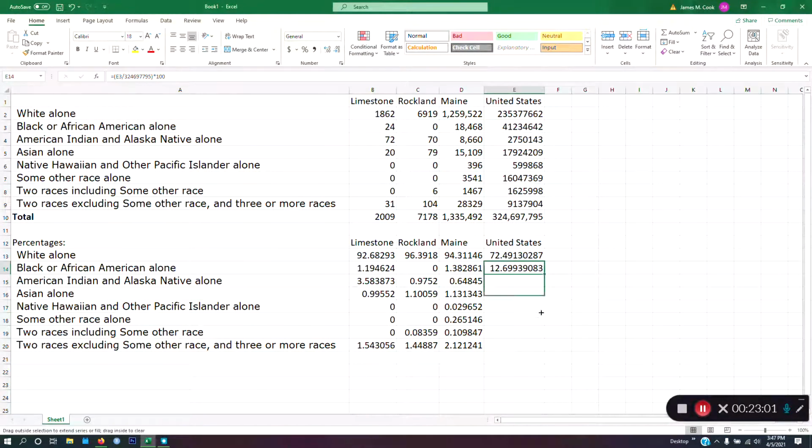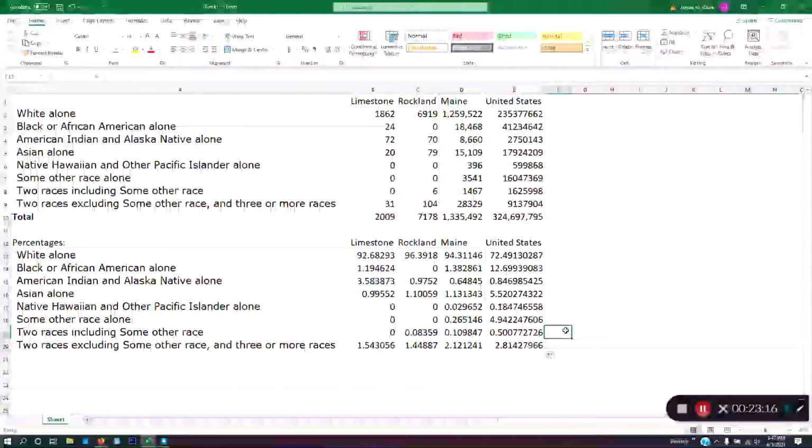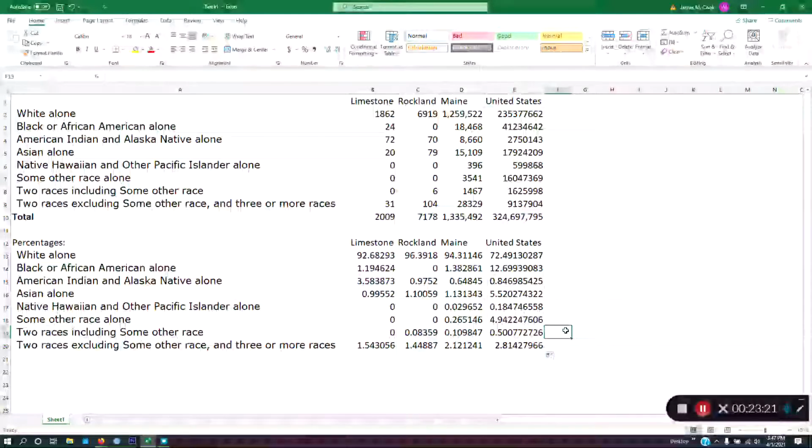These are very different figures than for the state of Maine, which in turn are different than for these small towns. And what I want you to do then, and this is your job, after you've followed this technique and generated this information, I want you to save it, I want you to present it, and I also want you to talk in a couple of paragraphs really cogently about which places are different from one another, which places are similar to one another, and why.